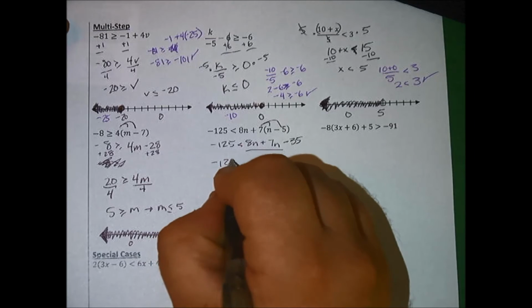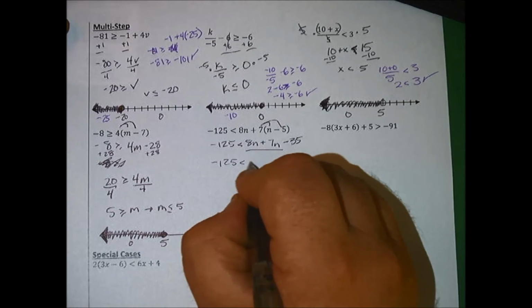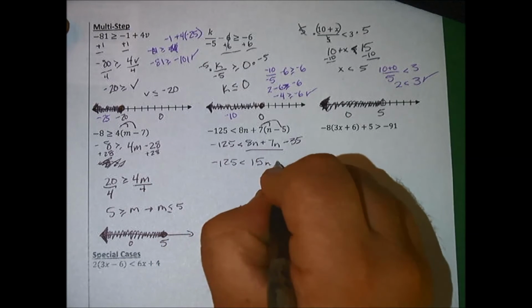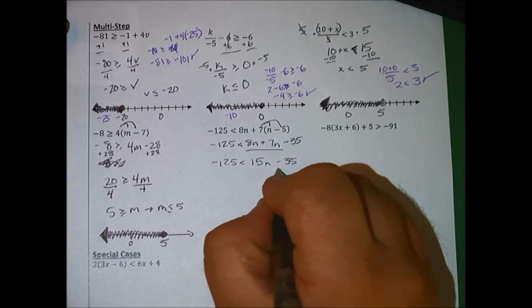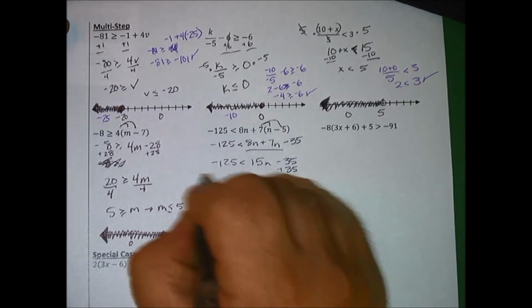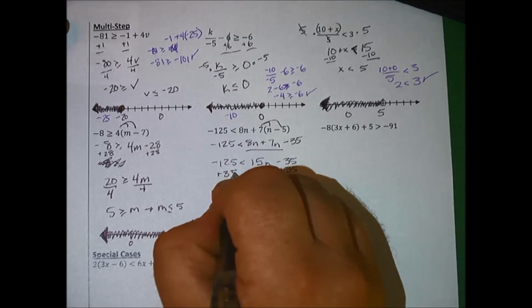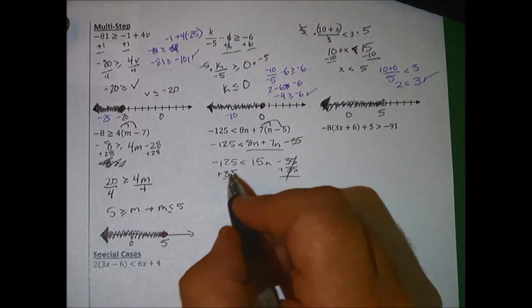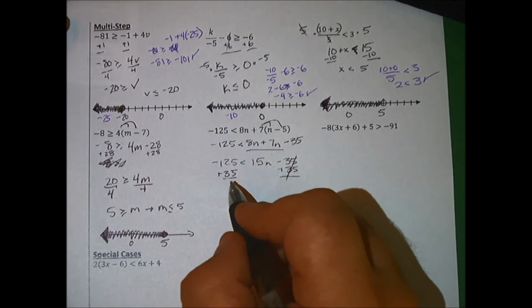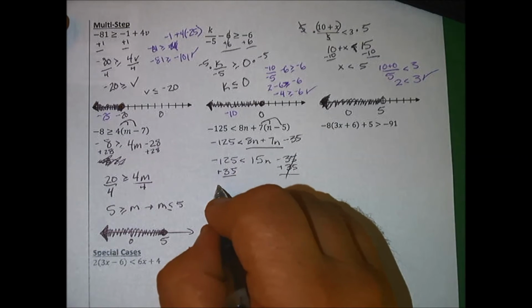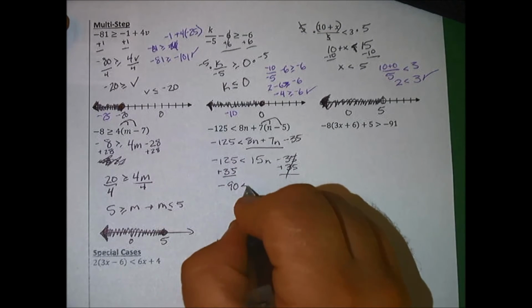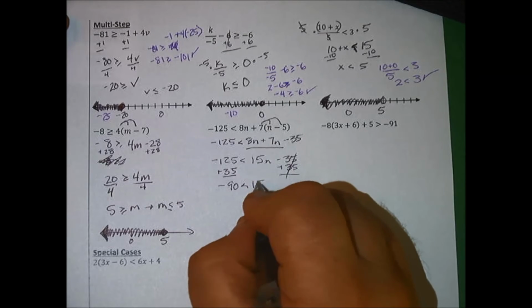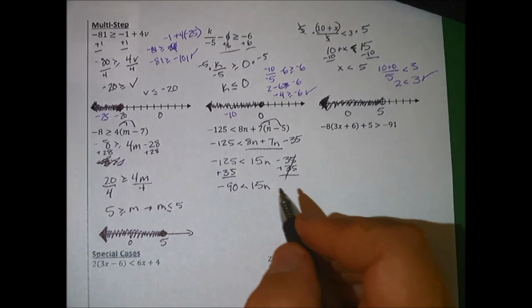And so I have negative 125 is less than 15n minus 35. So I'll add 35 to both sides. Those go away. And when I have negative 125 plus 35, that's going to be negative 90. Negative 90 less than 15n.